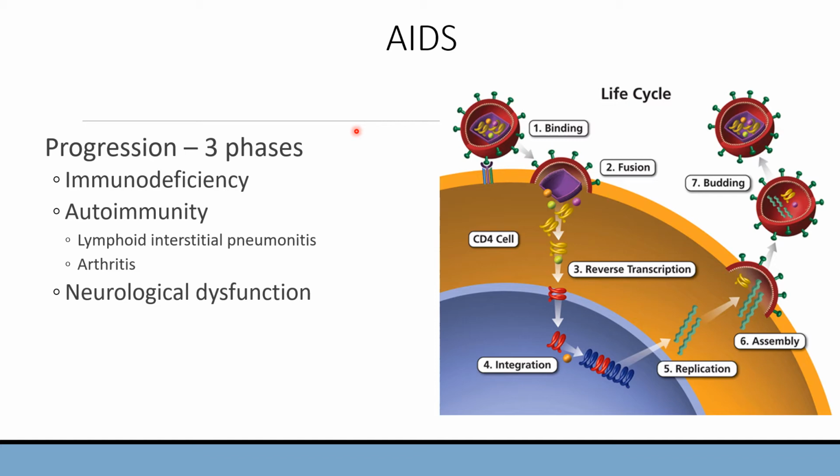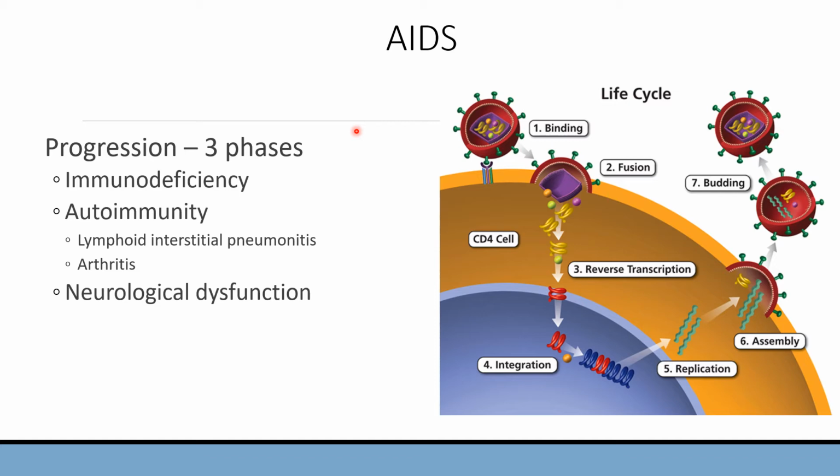Remember that helper T cells are critical in activating B cells and cytotoxic T cells, and so they don't act unless they have helper T cells. And so if you don't have the helper T cells acting, they don't have this co-activation that is required, and so you end up being immunodeficient because of that.